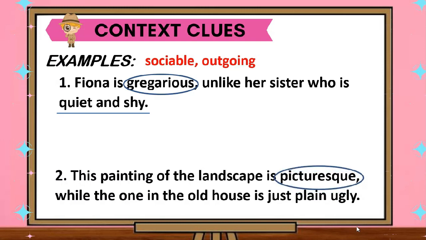In this sentence, through the signal word while, we could determine that the context clue just plain ugly contrasts or opposes the meaning of the unfamiliar word. If ugly is an opposite of picturesque, we may conclude that the meaning of this word is beautiful or attractive.